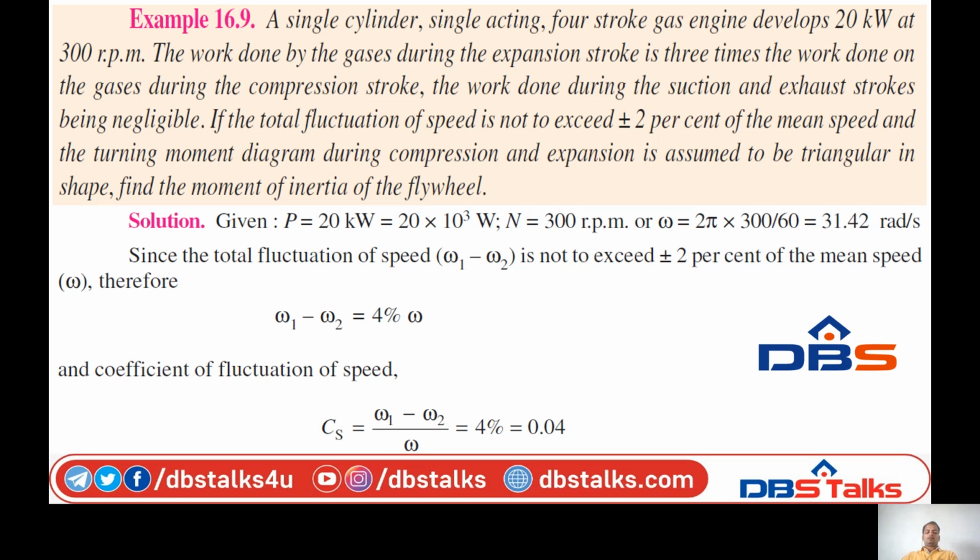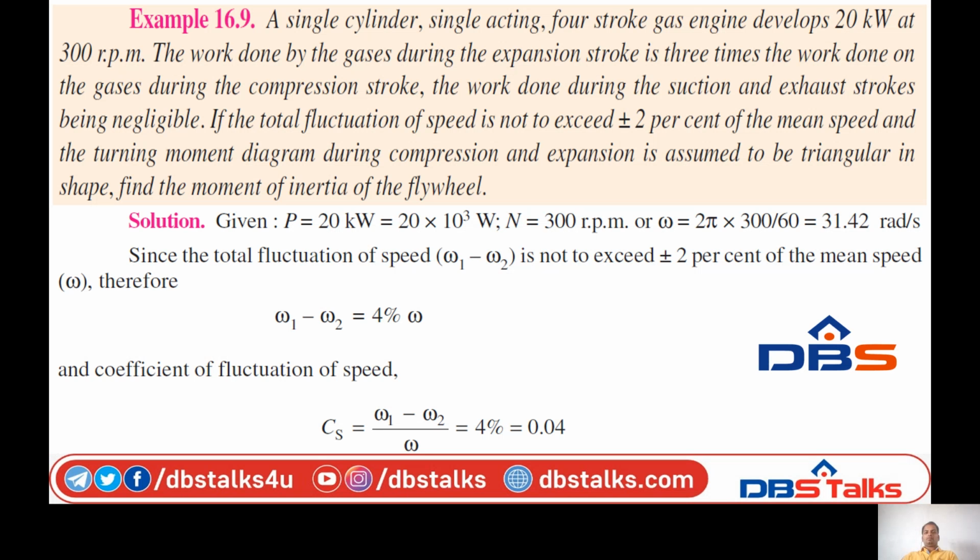The work done by the gases during the expansion stroke is 3 times the work done on the gases during the compression stroke. So we are considering a single cylinder, single acting four-stroke gas engine. The power delivered is P equals 20 kilowatts at a speed N equals 300 rpm. Up to now it was clear.